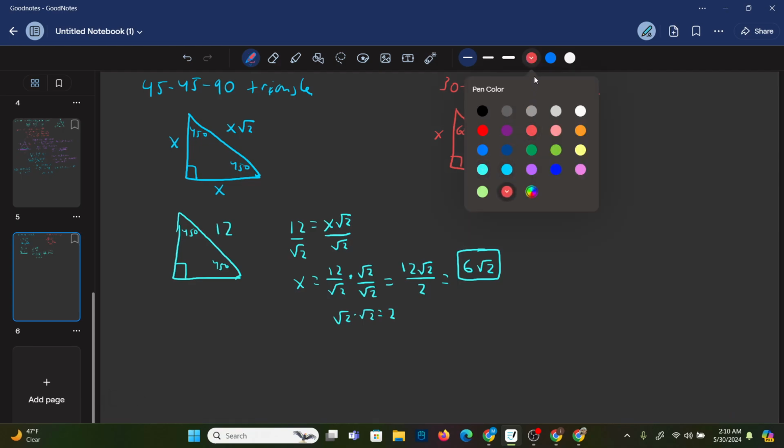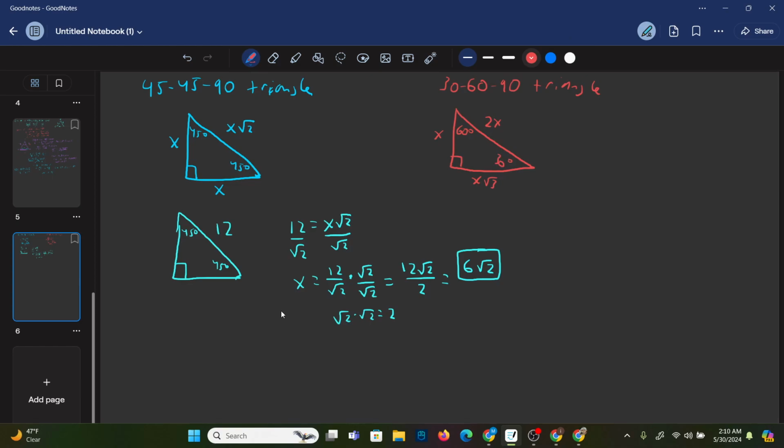For an example with the 30, 60, 90 triangle, we have a 30, 60, 90 triangle.